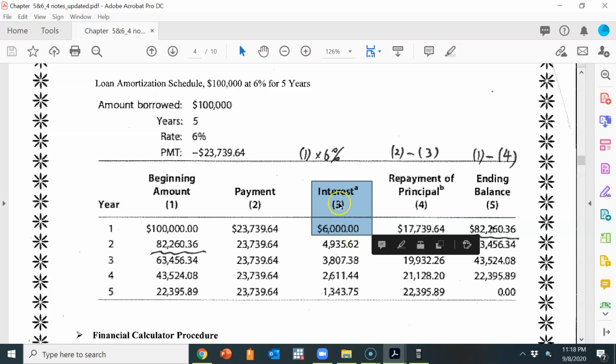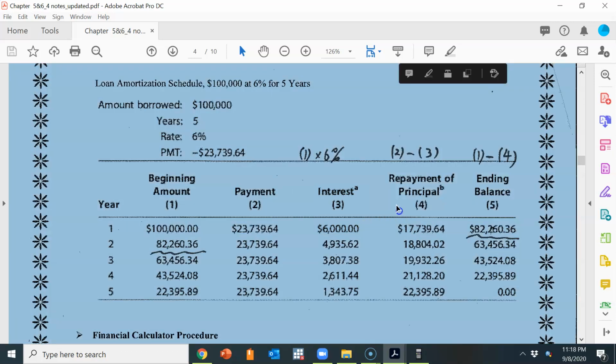How do we calculate the interest we pay in the first year? Right, we just use the beginning amount, 100,000 in the first year, multiplied by 6%. We use the amount in column 1, multiplied by 6%. So we have 6,000 as the interest payment we paid in the first year.